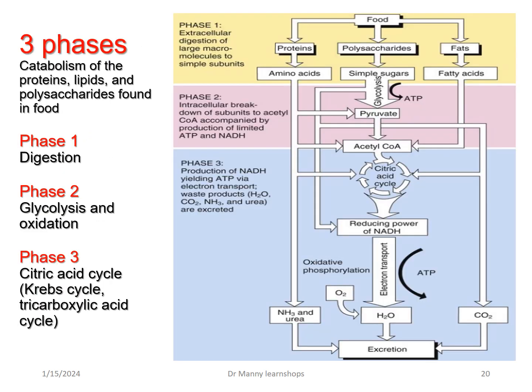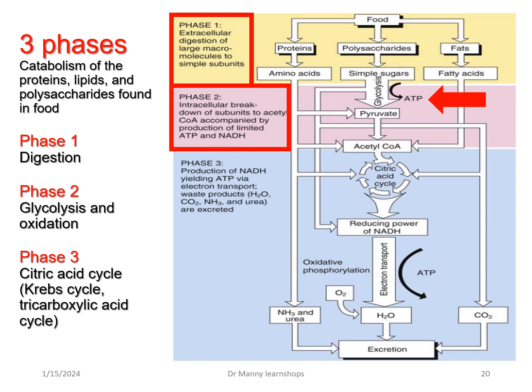Now, there are 3 phases to cellular respiration. Phase 1 is digestion, phase 2 glycolysis and oxidation, and phase 3 the citric acid cycle, also known as the Krebs cycle, also known as the tricarboxylic acid cycle. In phase 1, extracellular digestion of large macromolecules are broken down into simple substances.